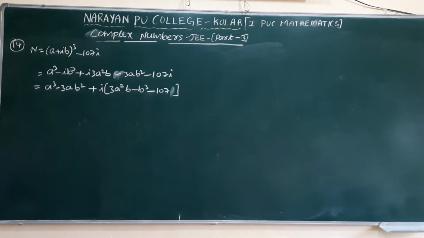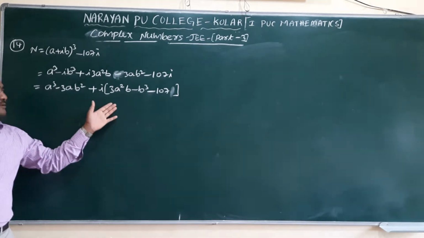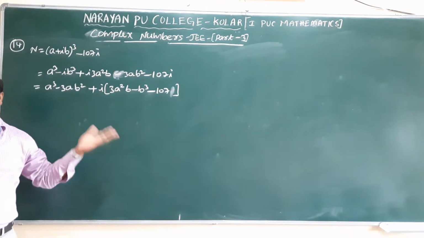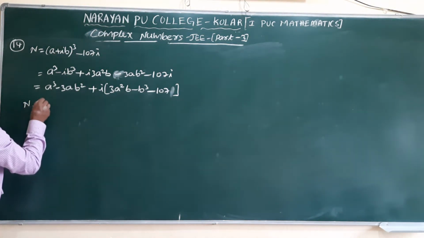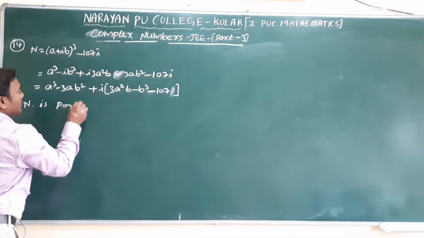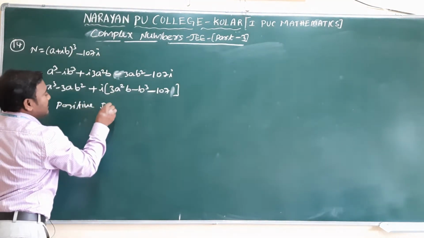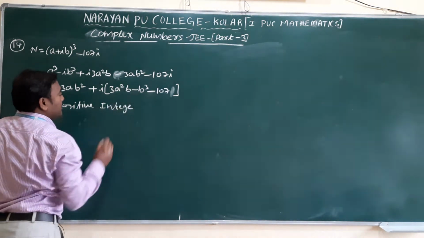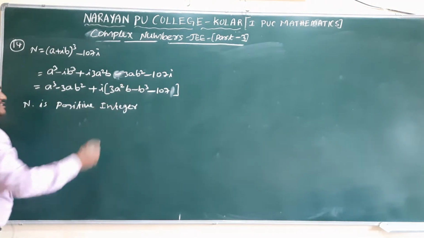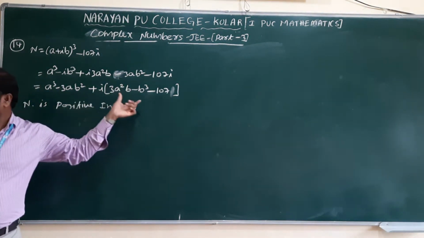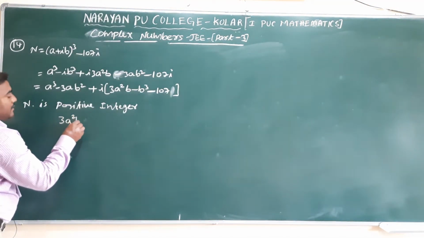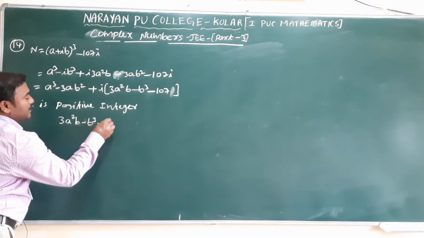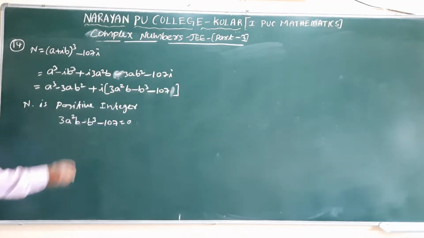Here, n is a positive integer and it is purely real, so the imaginary part should be equal to 0. Here the imaginary part, 3a square b minus b cube minus 107, is equal to 0.